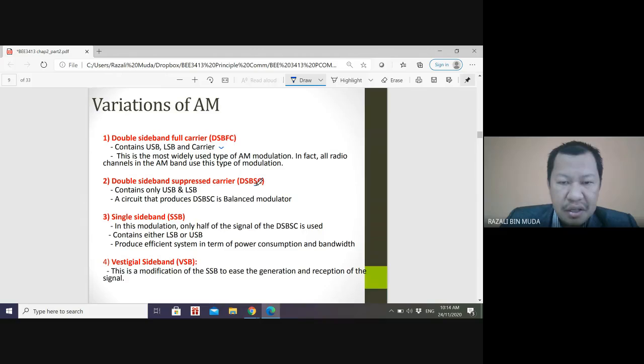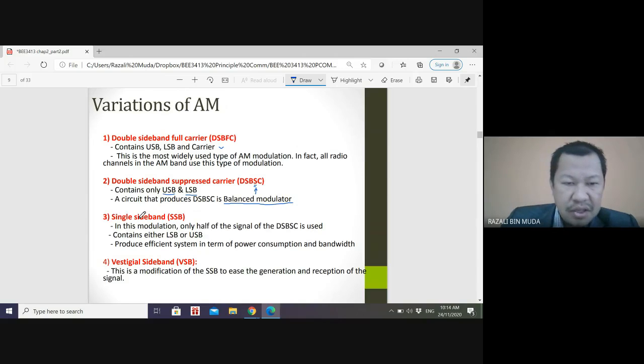Okay, here comes our discussion. Suppressed carrier contains only upper sideband and lower sideband, no carrier. So this part is gone. A circuit that produces double sideband suppressed carrier is called a balanced modulator. We will see about this after this.